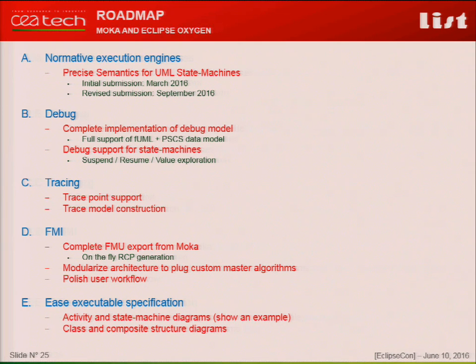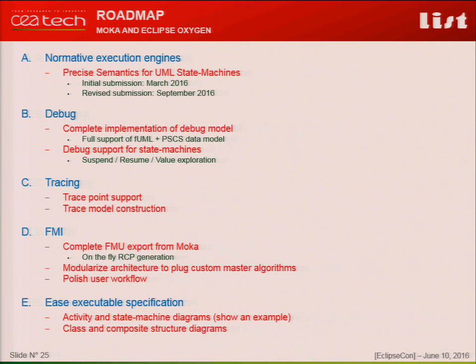Okay, let's now talk a little bit about the roadmap that we are going to follow for the Oxygen version. Basically, what we need to integrate now is our implementation of the precise semantics of UML state machines. At the OMG, the initial submission was done in March 2016, and the revised submission will be done in September 2016. So next year, this execution engine, which is an implementation of the OMG specification, should be available.